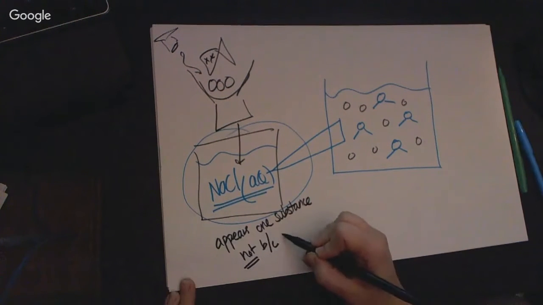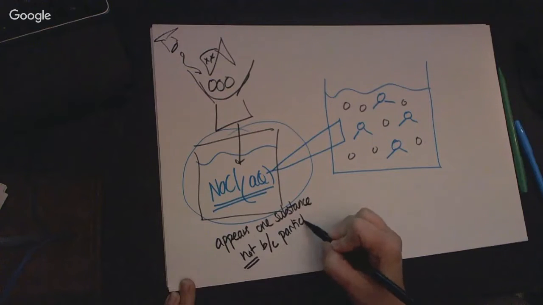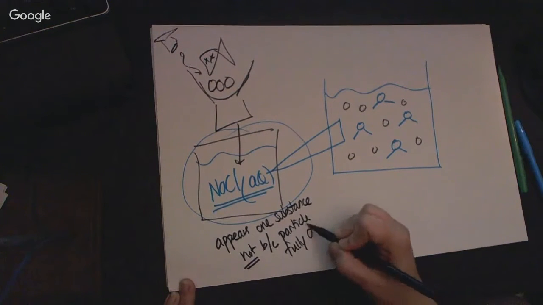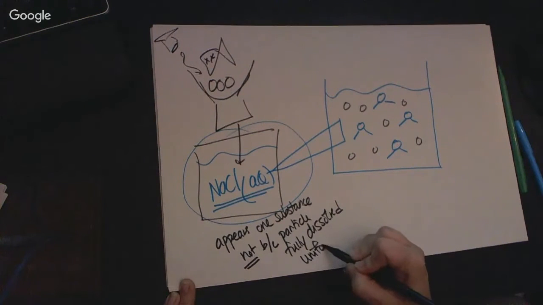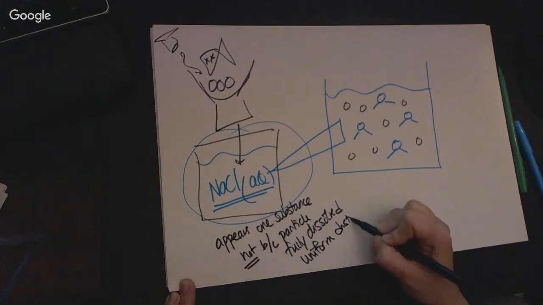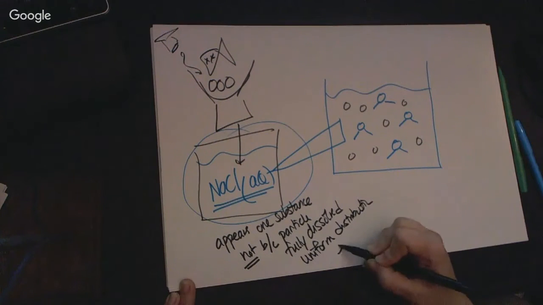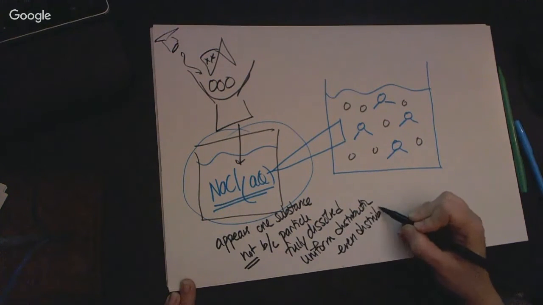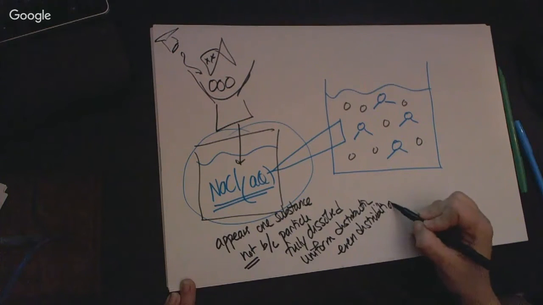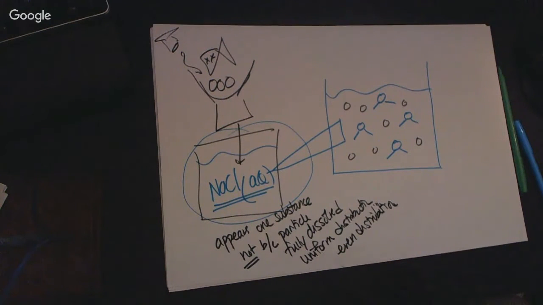It appears to be because the particles have fully dissolved into each other. The particles have a uniform distribution, or an even distribution, which makes it impossible for you to tell them apart with the naked eye.